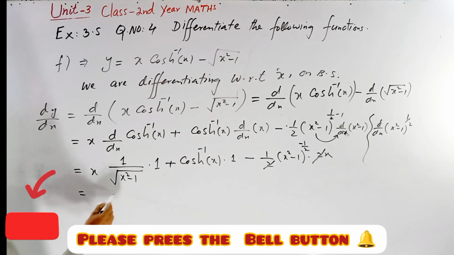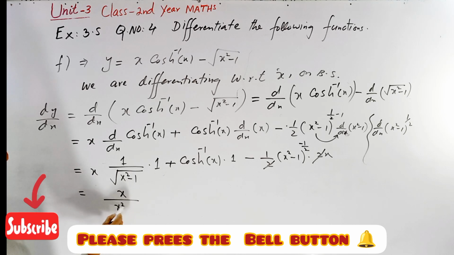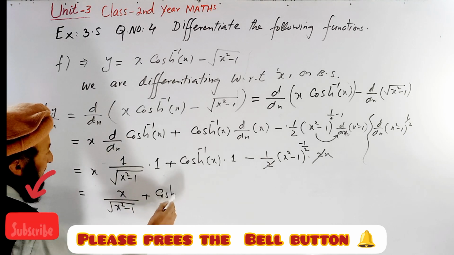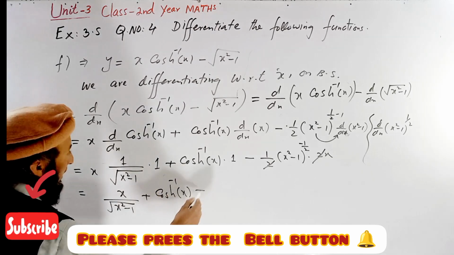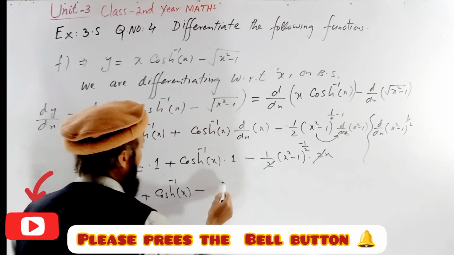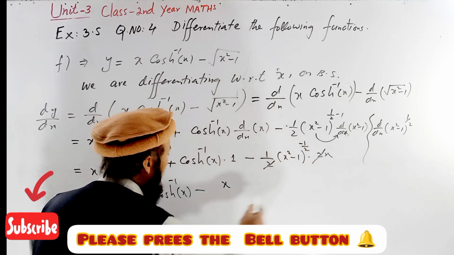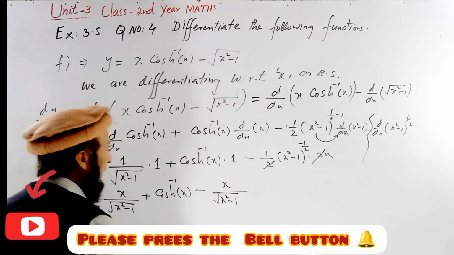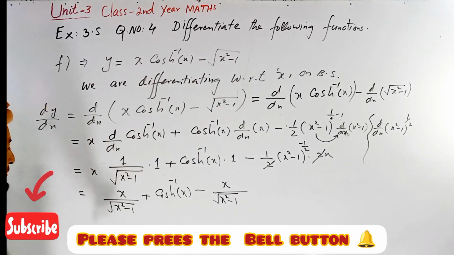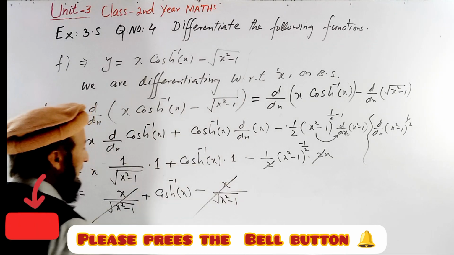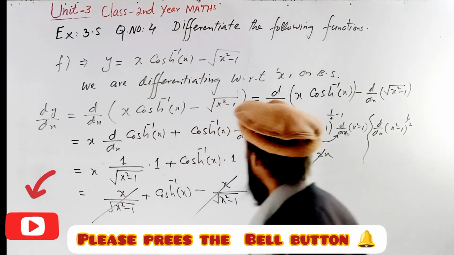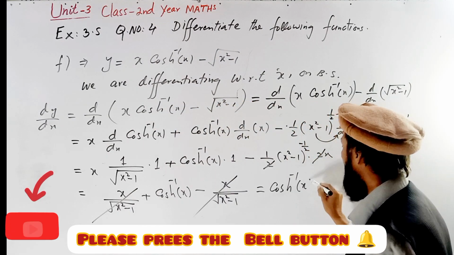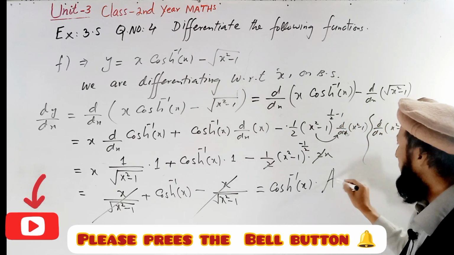So we can write this result x divided by the square root of x square minus 1 plus cos hyperbolic inverse x minus x multiplied by 1 by x, and this will be changed into the denominator square root of x square minus 1, and also we can write this result 1 by 2. So one is positive, one is negative, both are cancelled. So we get the result cos hyperbolic inverse x. That is the answer of this question.